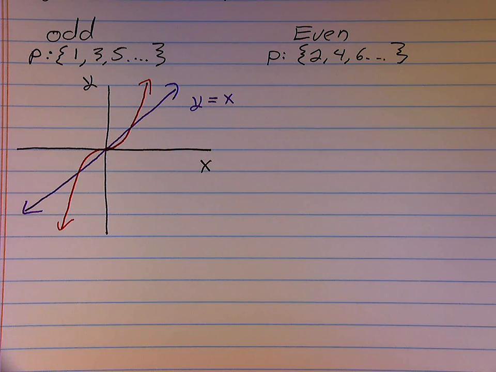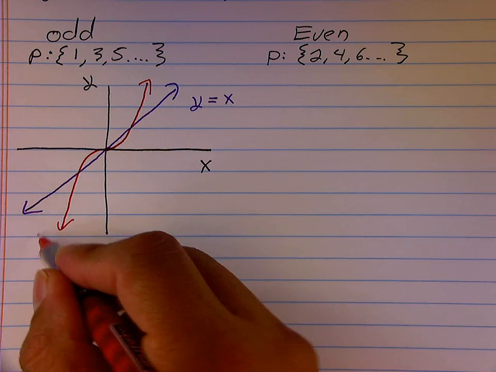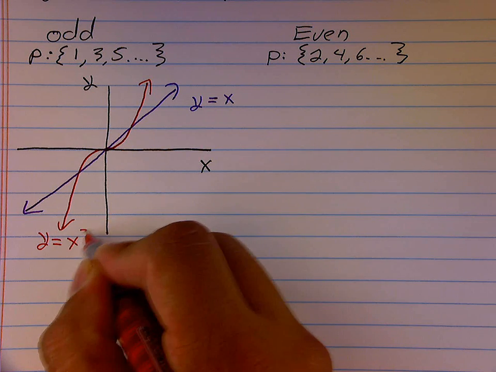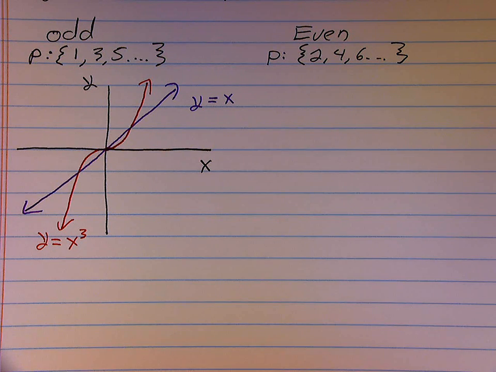This would be an example of the graph y equals x cubed. What we notice is both of these have a positive constant of proportionality, and both of them have an odd exponent.